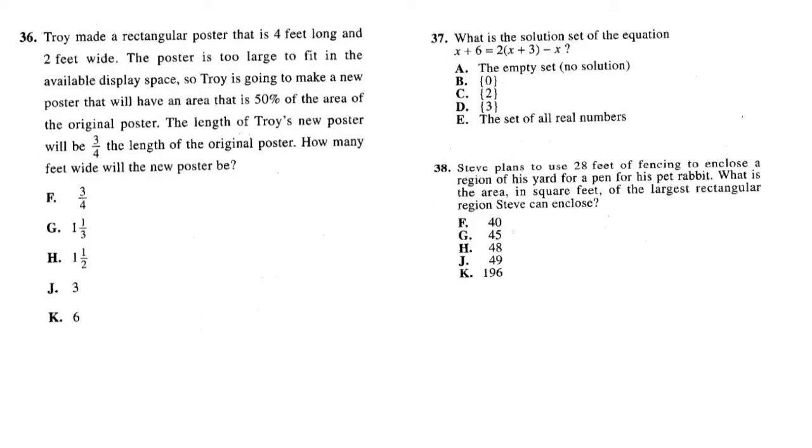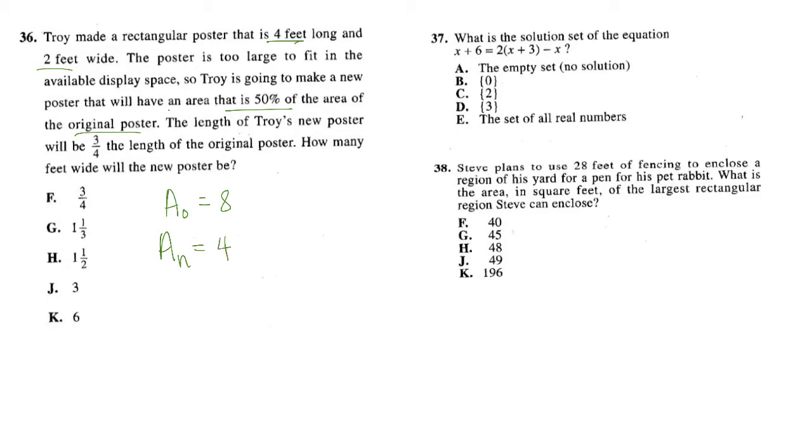Okay, so for our next problem, Troy made a rectangular poster that is 4 feet long and 2 feet wide. The poster is too large to fit in the available space, so Troy is going to make a new poster that will have an area that is 50% of the original poster. So the area of the original is 8, so the area of the new is going to be 4.